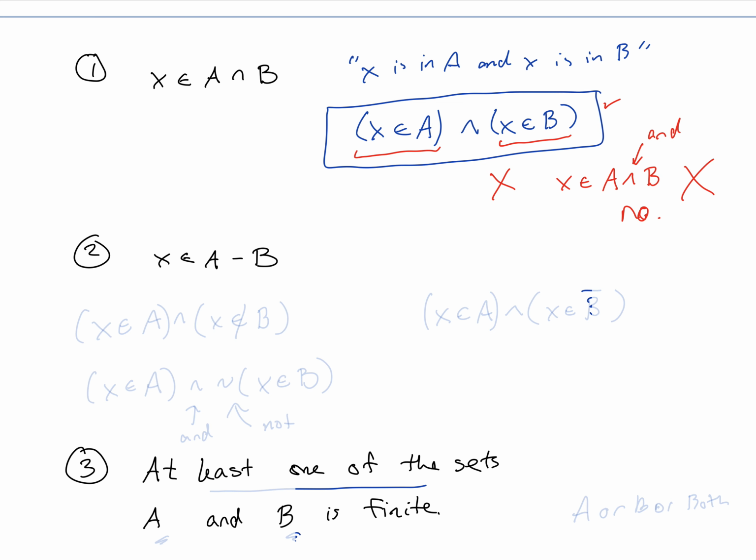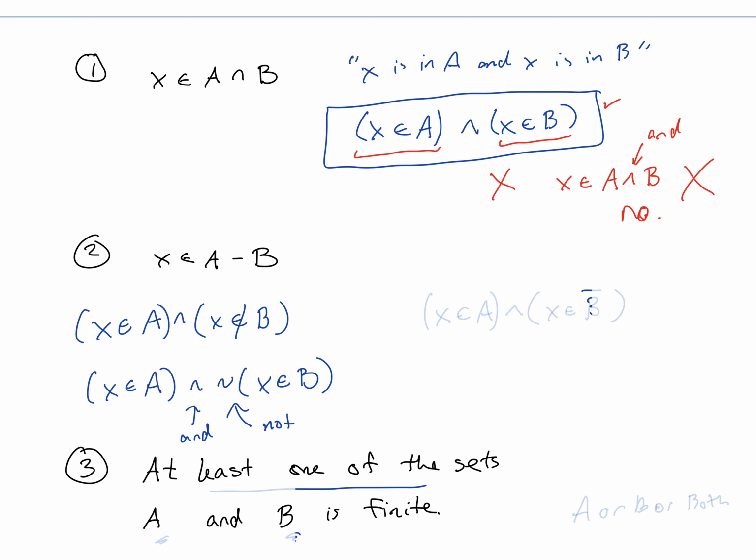All right, X is an element of A minus B, or the difference between A and B. So there's a couple ways that we could write this. One way we could write this is to say that X is an element of A and X is not an element of B. That would be one way using and. We could also write this as X is an element of A and it is not the case that X is an element of B. So there we're using both and as well as not.